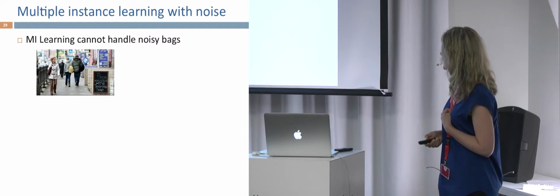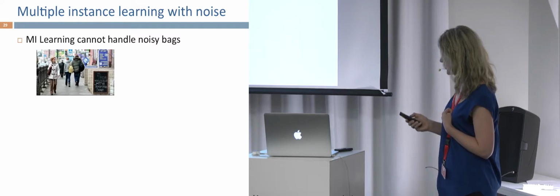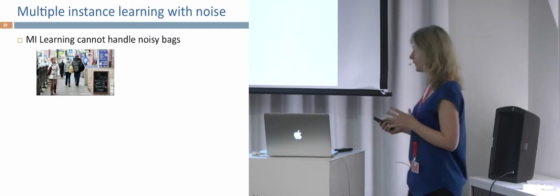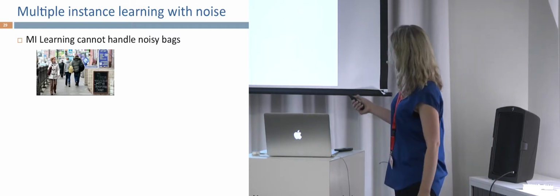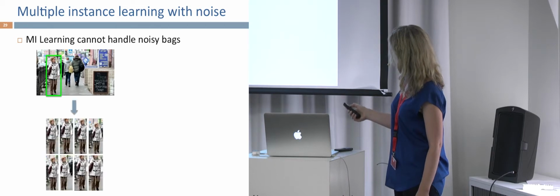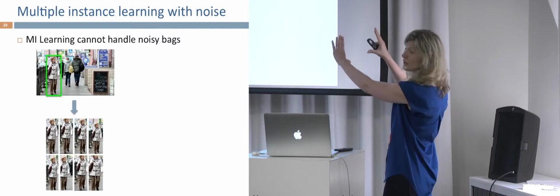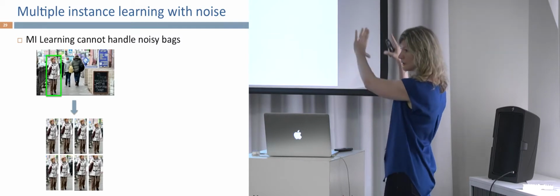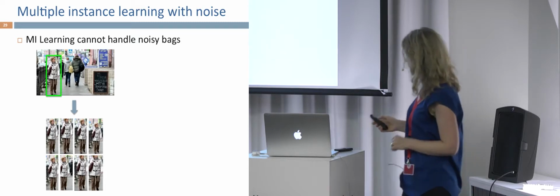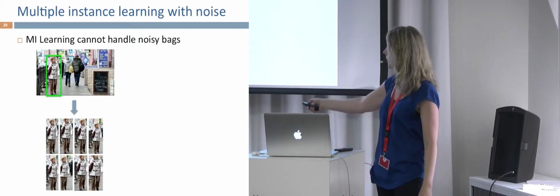Now, traditional multiple instance learning is limited in that it can't handle a lot of noise in the bags. If you have an image like this, and let's say we knew that there was a person here, and then we generated a bunch of regions by taking that green bounding box and shifting it around just a little bit, this is a low noise bag.